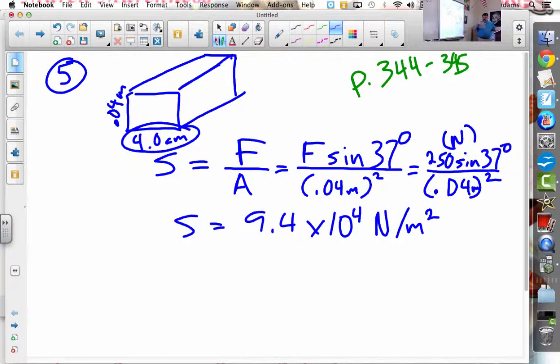Now shear stress is a little different. That would be the cosine of the angle. Okay. So compression stress and shear stress are 2 different things. Compression stress depends on how you apply it to the bar.